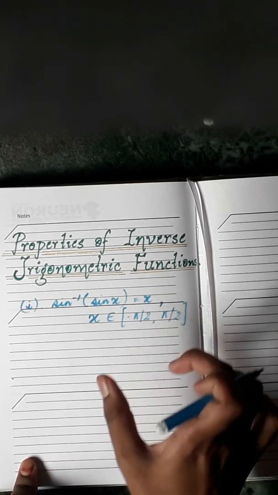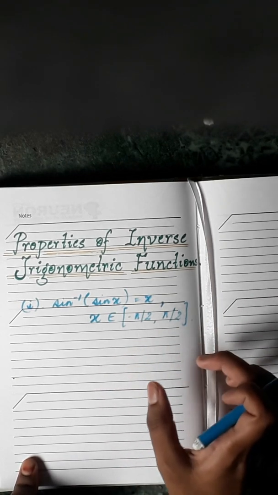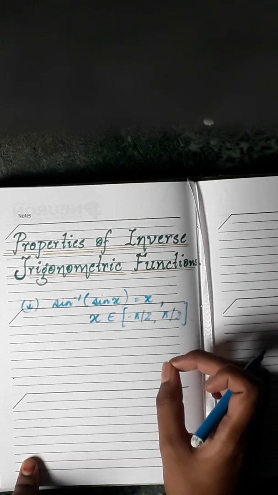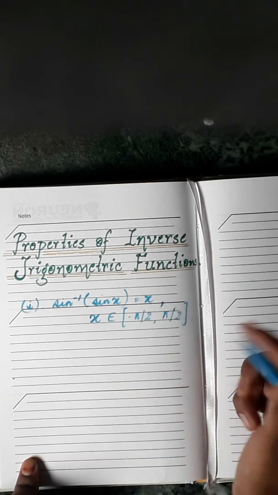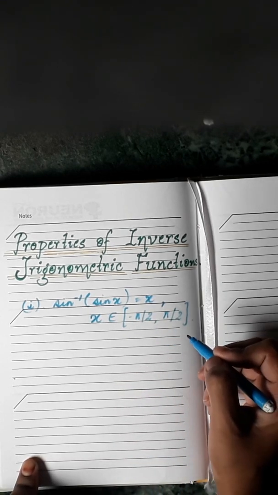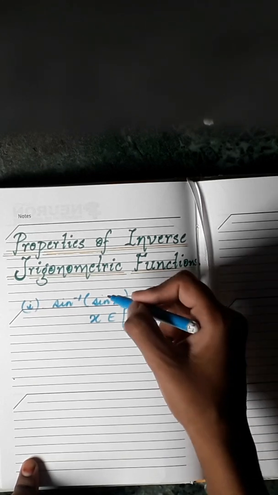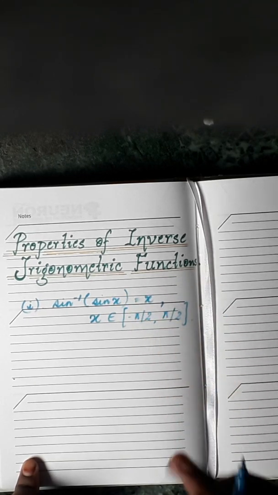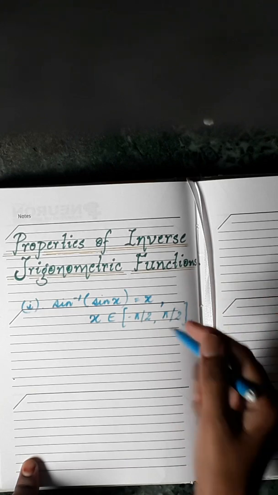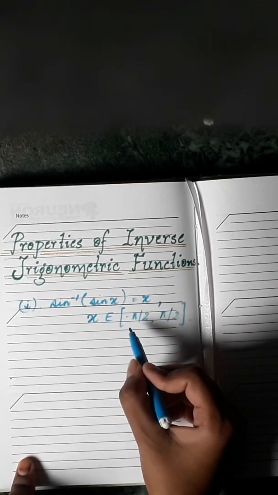So what does it stand for? This means that if the value of x lies in between minus pi by 2 to plus pi by 2, then only this property is applicable. You can use this property only when the value of x lies in this range.